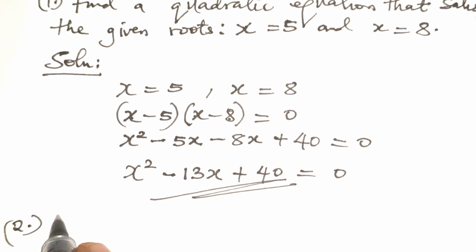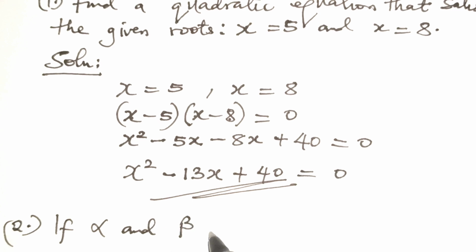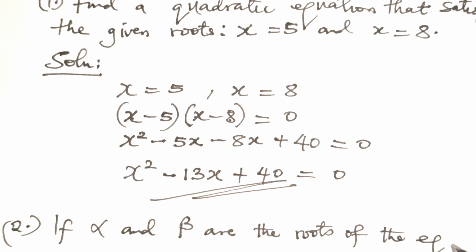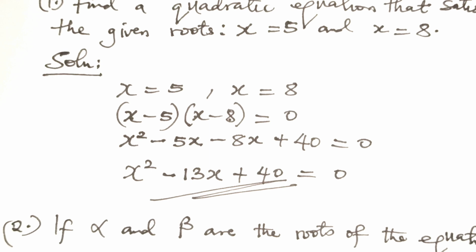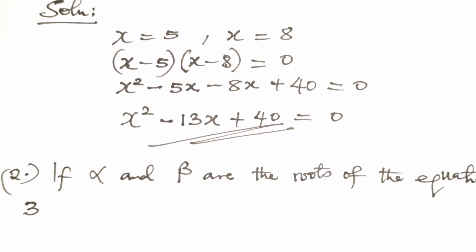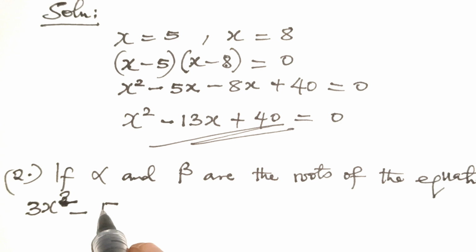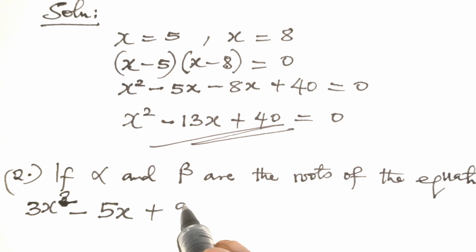If alpha and beta are the roots of the equation 3x squared minus 5x plus 9 equal to 0.